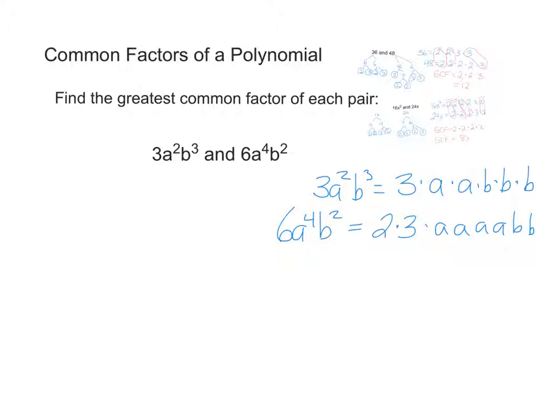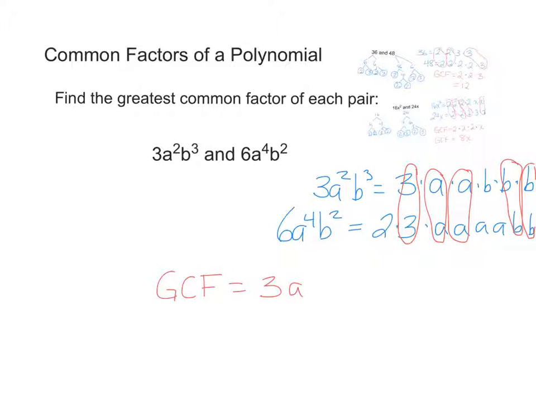So now when I look at what's common, well, they both have a 3, and they both have 2 a's, and they both have 2 b's, which means the greatest common factor here is going to be 3a, a, b, b, or 3a squared b squared.